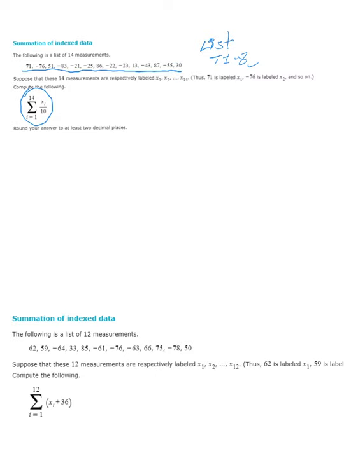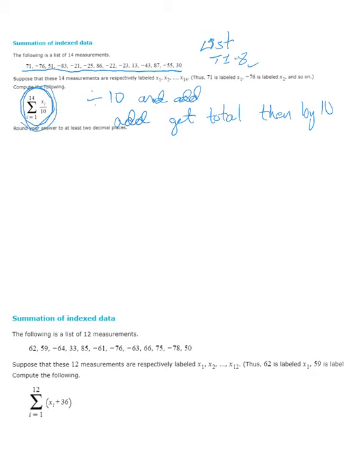But what you can do is just add them together, get a total, then divide the whole thing by 10, and you get the same answer. So what I would tell you to do in this situation is add those 14 numbers, boom, get an answer, and then last thing, divide it by 10.